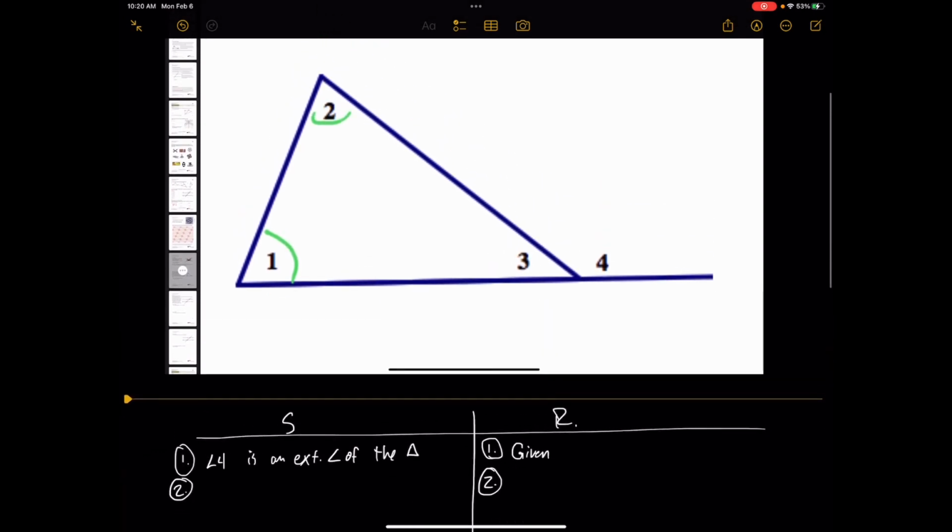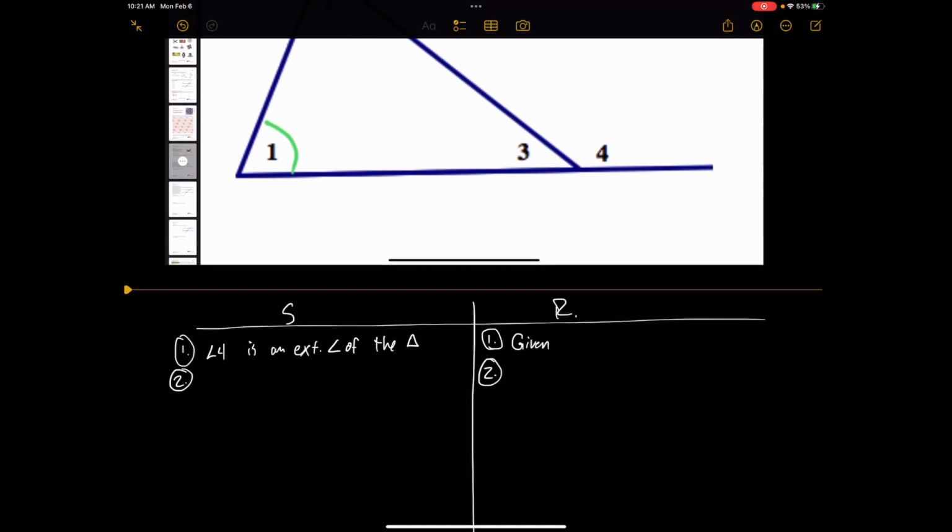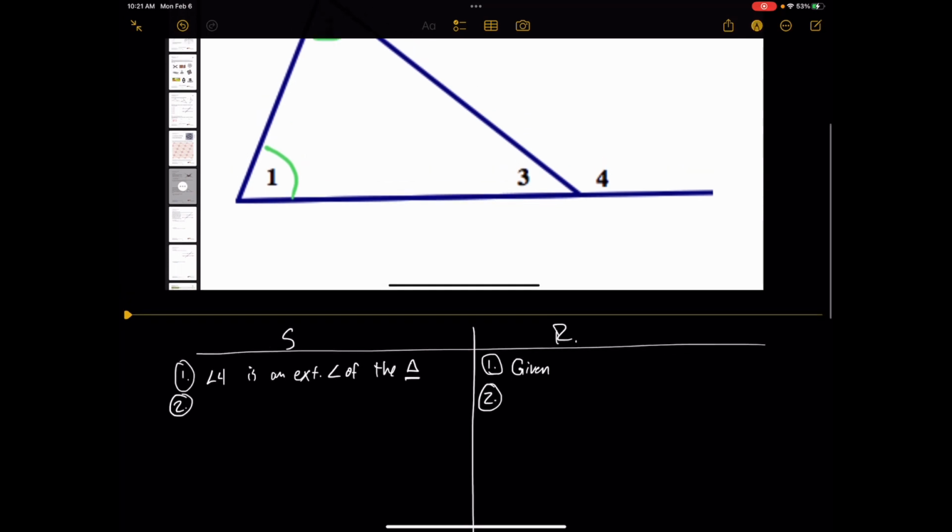They add up to 180. Why do they add up to 180? Because it's a triangle. And all triangles add up to 180. Yes. And it is already said that we have a triangle in the given, right? It says the triangle. So we can assume that those three angles are inside of the triangle, when we're given the graph.